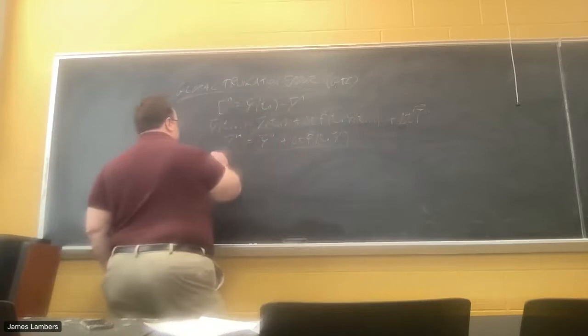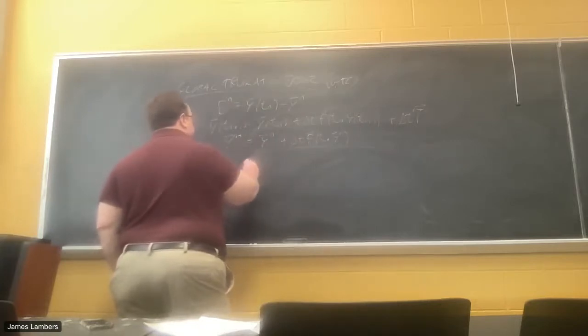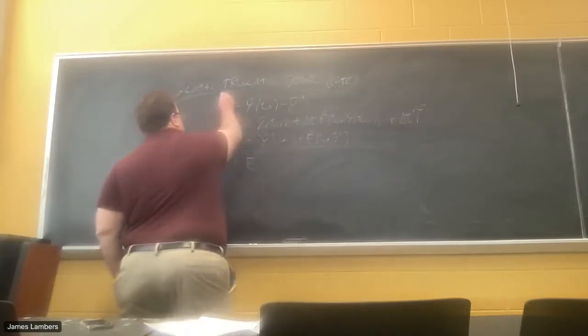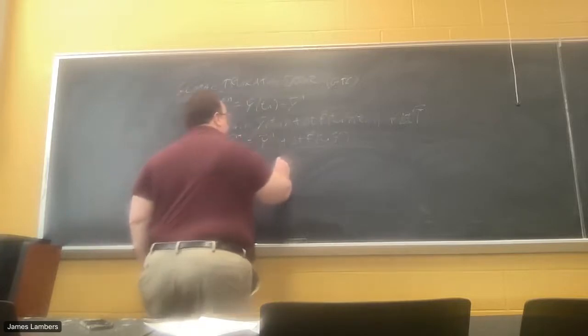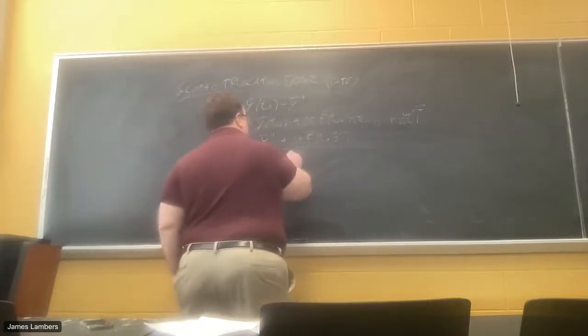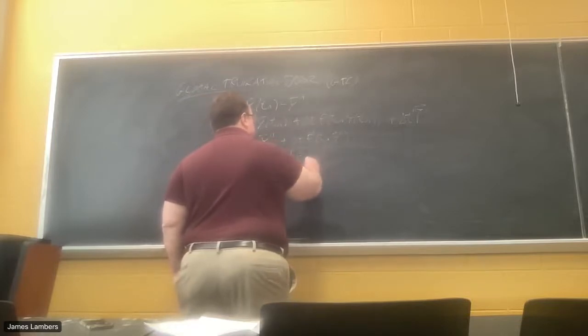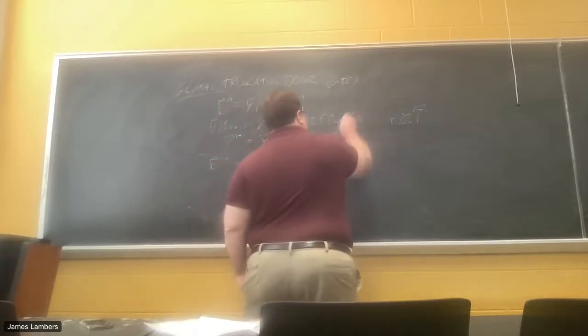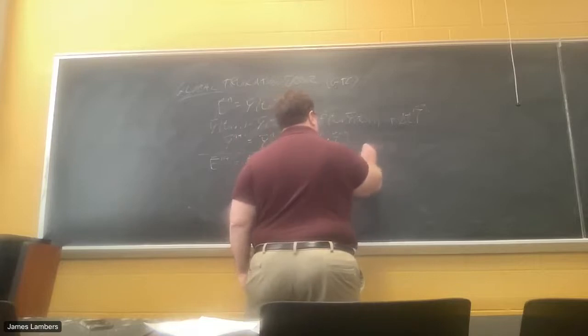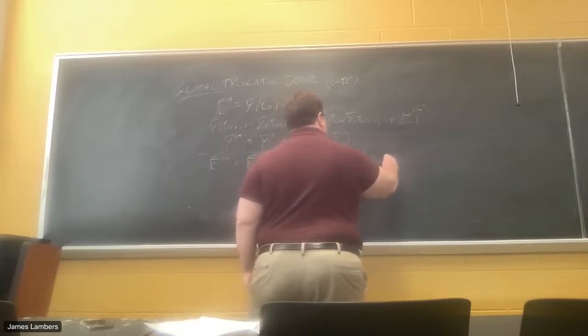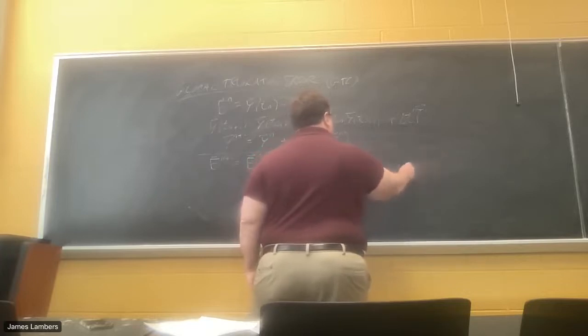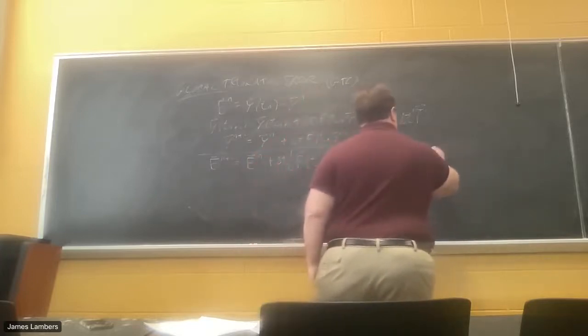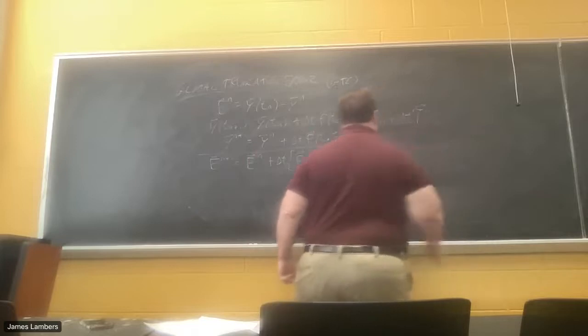I get e n plus 1 equal to, vector, e n plus delta t times the difference of the f's. Now these f's are evaluated at the same time but with different y values. And then we still have the local truncation error term.